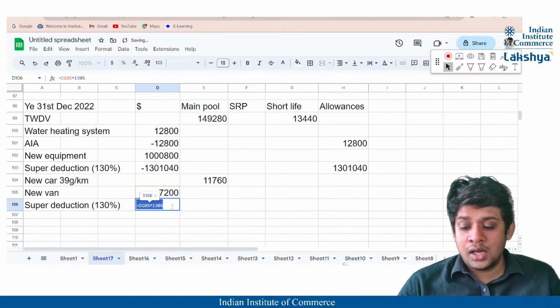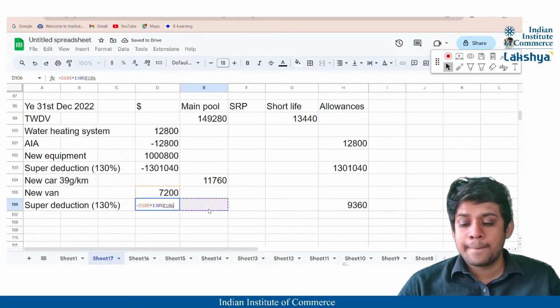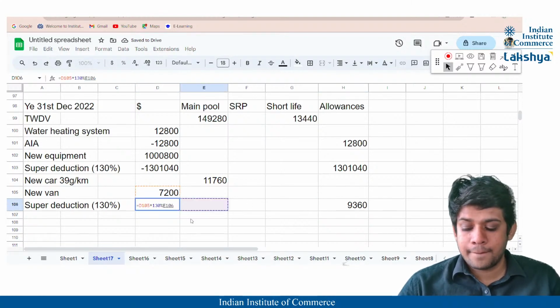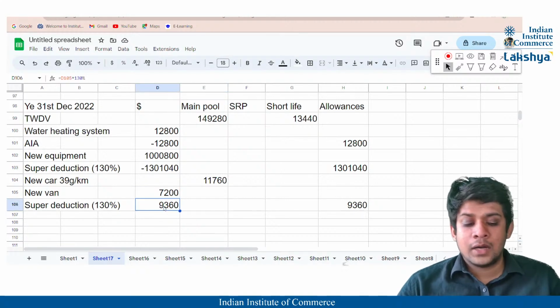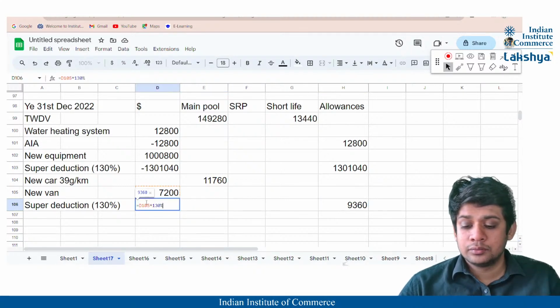Correct? That will be 9,360. Correct, guys? So it will be taken here as an allowance. Right, guys? 9,360 will be taken here as an allowance.